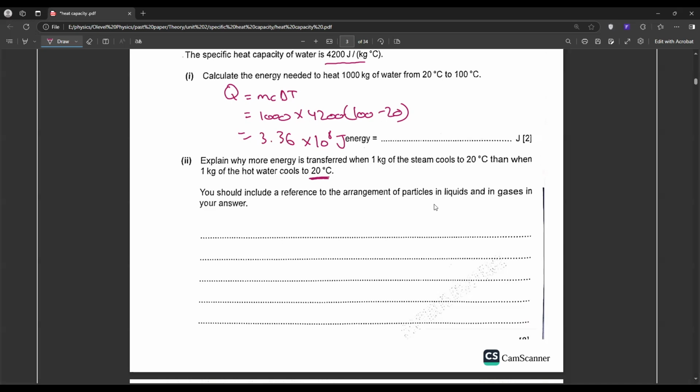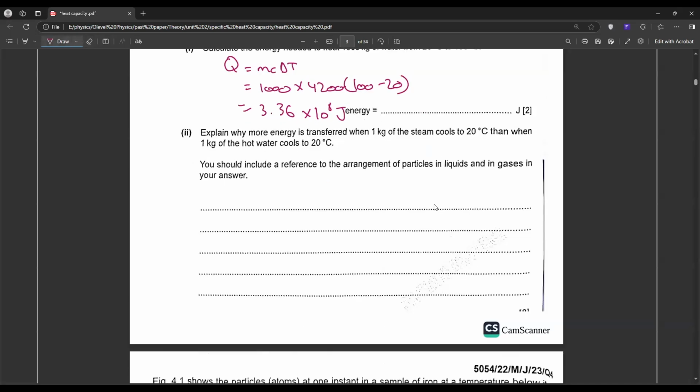Okay, very easy. To answer this question, first of all, you need to see the examiner is talking about two things. In the first pathway, you have 1 kg of steam, that is a gas, and you have to convert it to 20 degrees centigrade of liquid. In the second scenario, you have to convert 1 kg of water that is already liquid into 20 degrees centigrade of water that is also liquid.